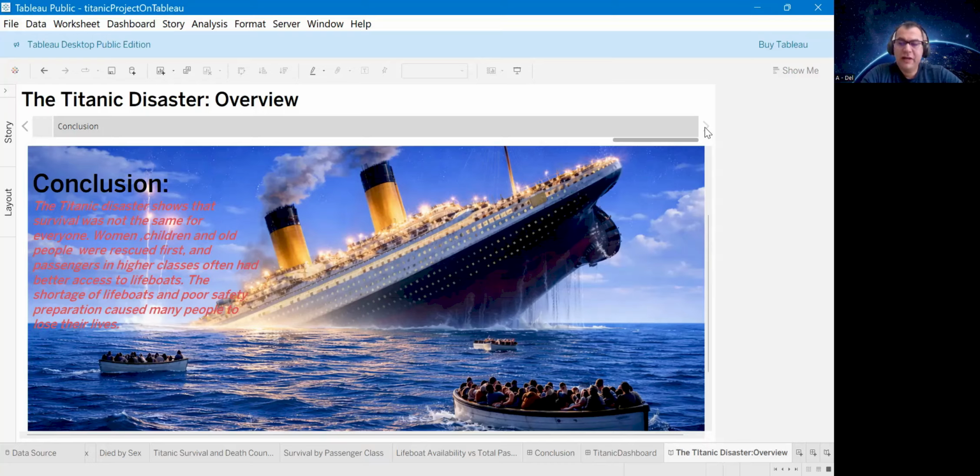The shortage of lifeboats and limited safety preparation were major contributors to the large number of deaths. By analyzing the data, we can gain deeper insights into what happened during the Titanic disaster and learn important lessons about safety and emergency planning.